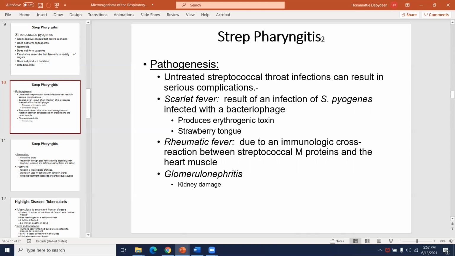Another sequela, like I said, is scarlet fever, where you can have almost like an allergic reaction, where you start producing those erythrogenic toxins that will give you that cherry red discoloration. In fact, I say strawberry tongue there because if an individual has a strep throat and doesn't take care of it, eventually they'll end up with this red rash.